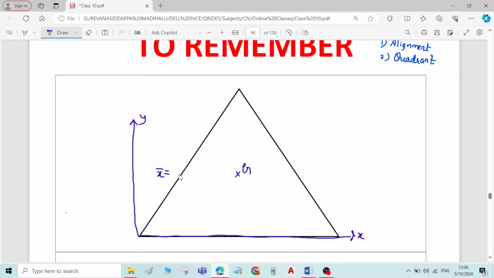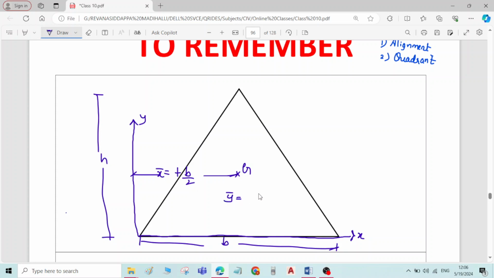If I take b as the base width of the triangle and height as h, then x bar is equal to plus b by 2, and y bar is equal to h by 3, plus h by 3.